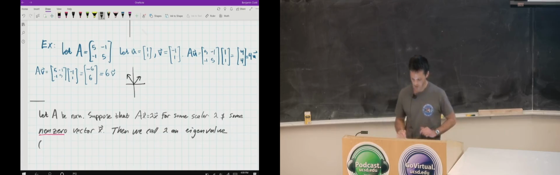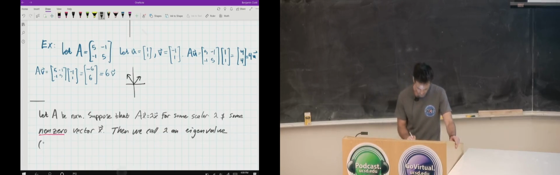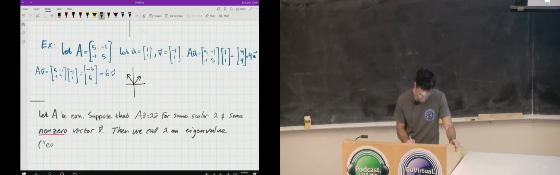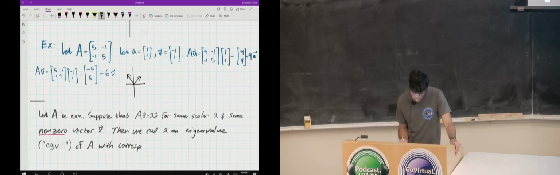And by the way, in this class, usually I will abbreviate eigenvalue with EGVL, and I'll also abbreviate eigenvector as EGVR.